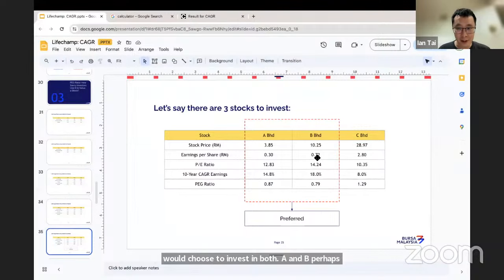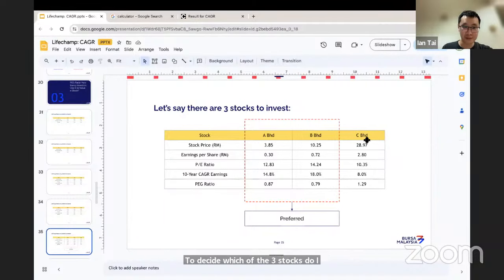These two will be preferred over C. That is how I look at PE and PEG ratio to decide which of the 3 stocks I prefer to invest in. That is how I make decision.